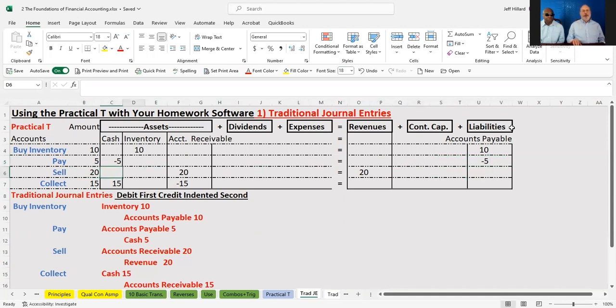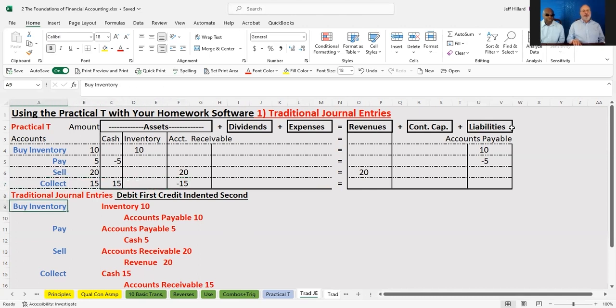If we sell at price and give a bill, our accounts receivable would go up by 20, and our revenue as a source of funding would go up by 20. And if we collect a partial bill, our cash goes up by 15, and accounts receivable goes down by 15. Now, there's two things here.